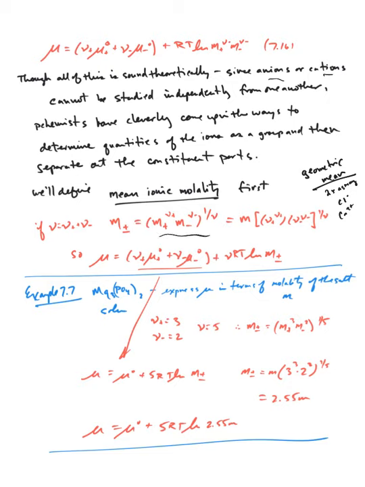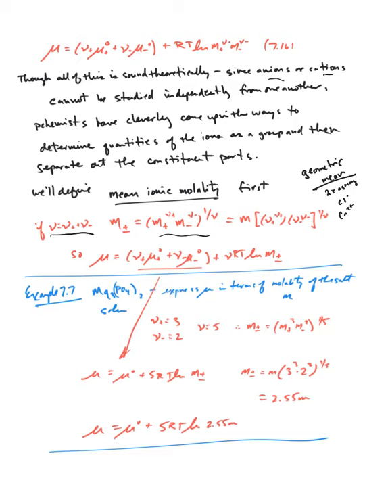So this mean ionic molality can get a little confusing the first time you look at it, but really it's a representation of how many of the ions of each type are contributing to the whole. And so the letter, it's really a nu, but I'll say V here, is the sum of the two coefficients of each.